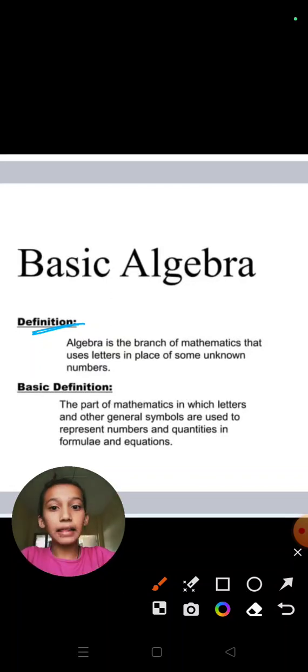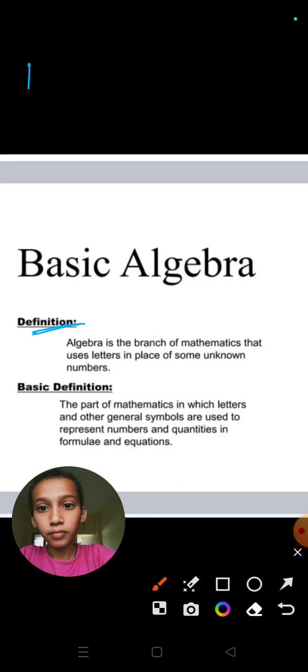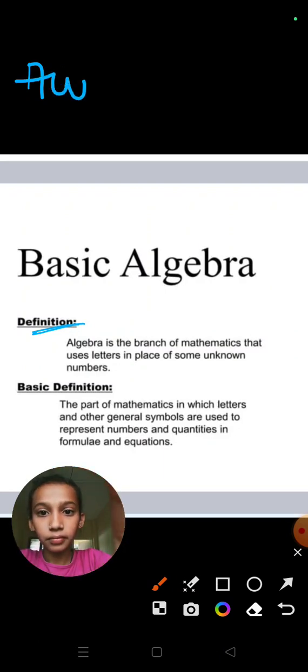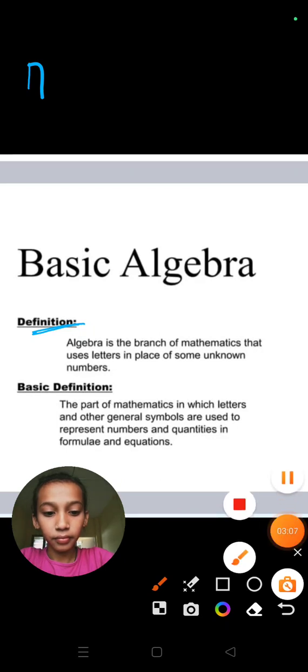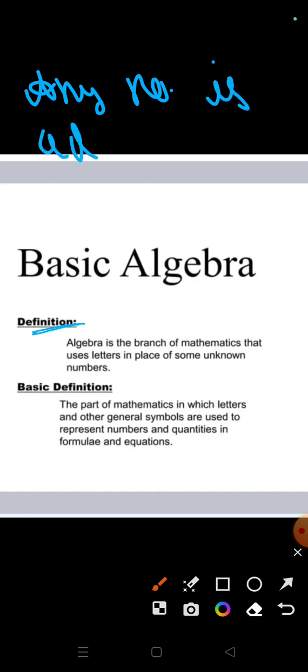So if I tell any number, I will write any number. So I close the camera because it is not coming nicely.